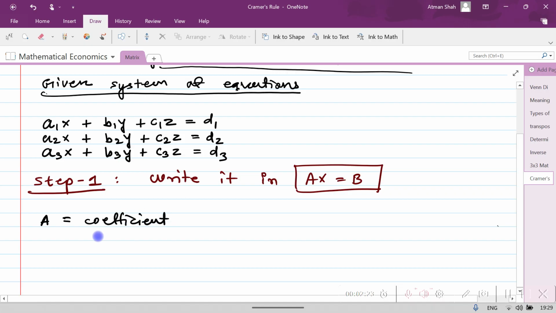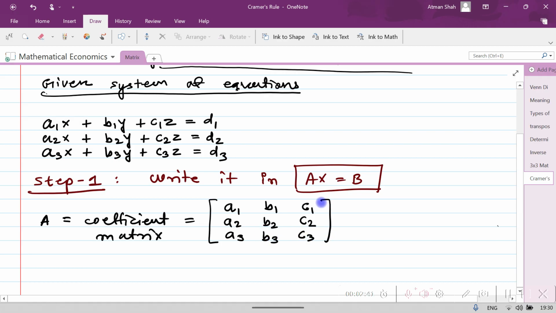A is our coefficient matrix, which is equal to A1 B1 C1, A2 B2 C2, A3 B3 C3, the coefficients of x, y and z. What is X? X is the variable matrix, so we have three variables x, y and z, and B is our constant matrix, that is d1, d2 and d3. This is step number 1.